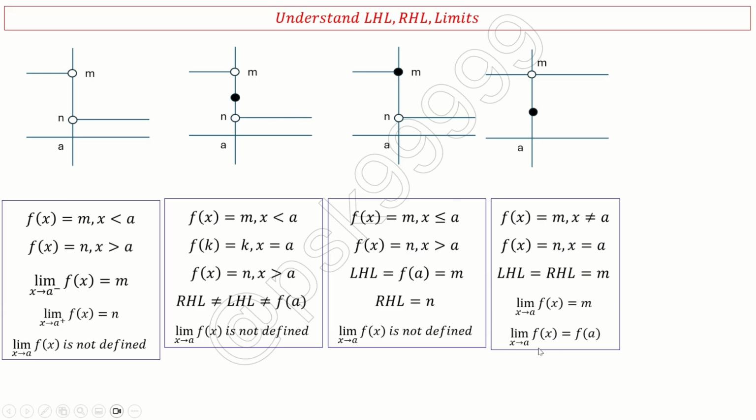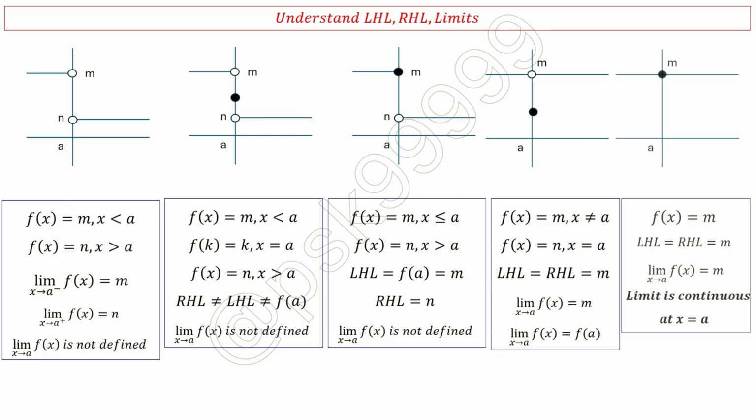But is the limit equal to f of a? This is not correct. f of a is n, which is not equal to this value. So even though the limit exists, the limit is not equal to f of a, which means limit exists but it is not continuous.